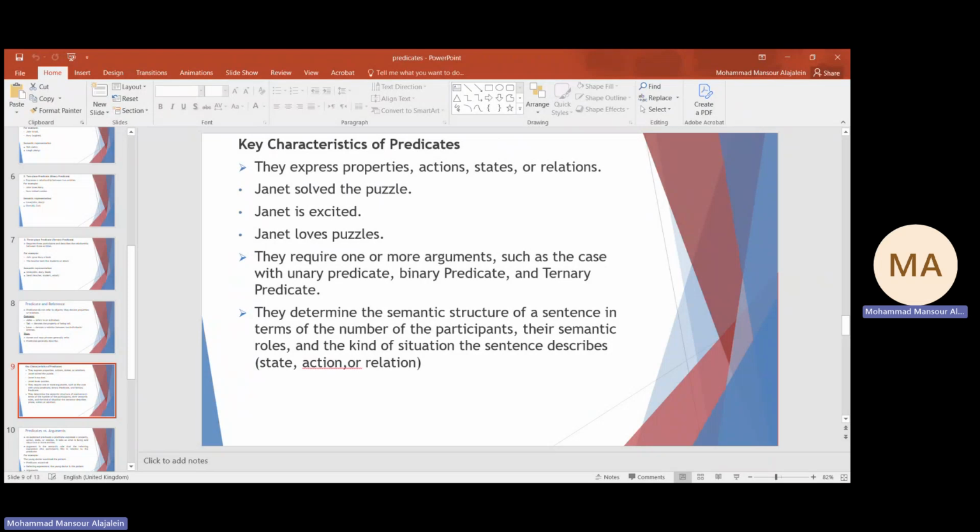We can say the verb love, for example, involves two participants, while the verb sleep involves one participant, and the verb give or send involves three participants. So therefore, predicates help determine the semantic structure of a sentence, including the participants and their semantic roles.